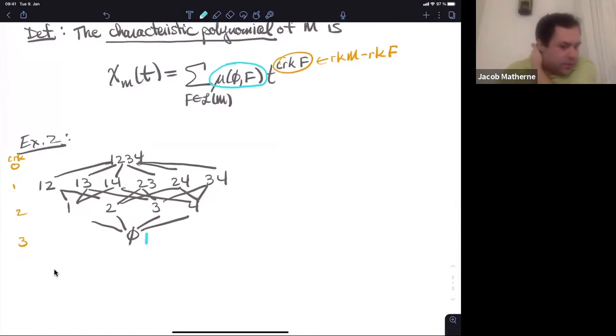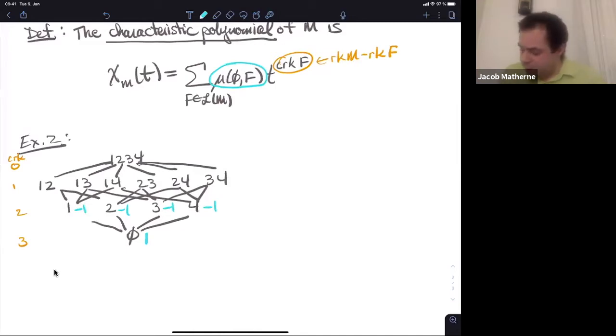So I want to give values to each of these flats so that the sum of the values of it and everything below it sum to 0. So this should be -1, right? Because I have this plus this below it has to be 0. And same with all of these. So I'm writing down what this mu is.